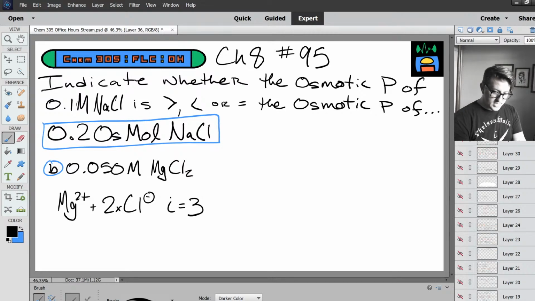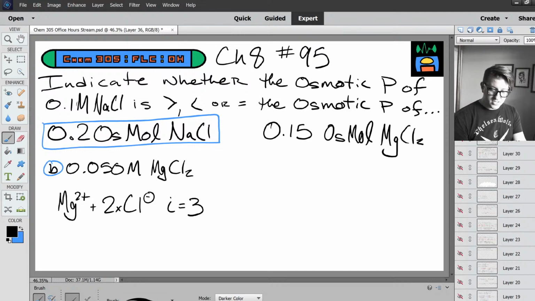That would give us an osmolarity of 0.15 osmolar. And so here, the osmotic pressure of our sodium chloride solution is greater than the osmotic pressure of our solution of magnesium chloride.